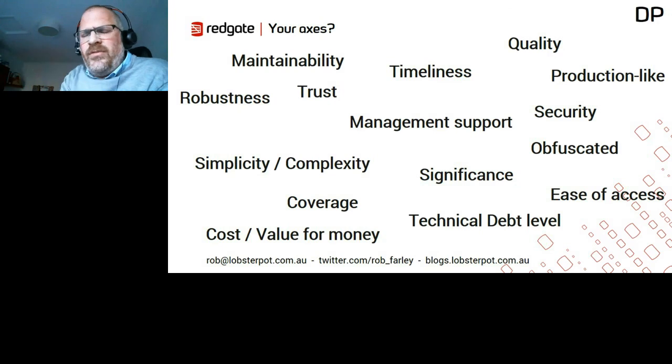On the flip side, you might have obfuscated everything and it performs poorly because it doesn't have good statistics, because you can't really use it for testing and so on. Edge cases are worth considering. You want your test environment to have edge cases so that you've catered for everything. But production-like and obfuscated, have a think about some of the tooling that's out there. Great things to stick on axes.